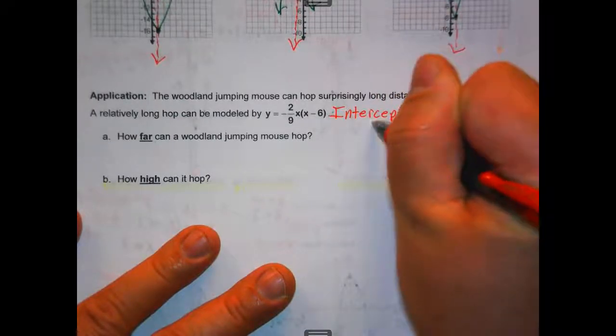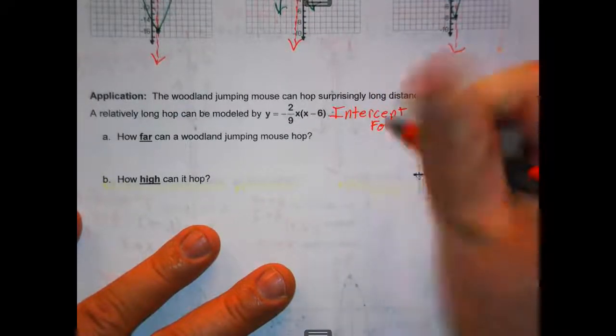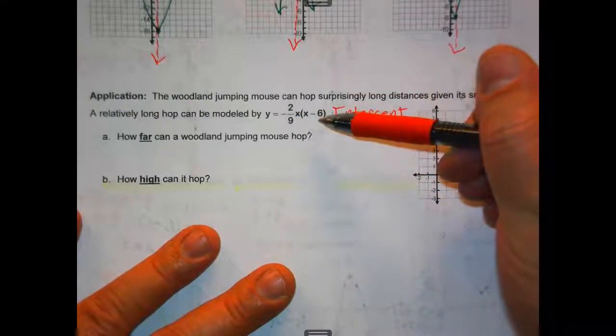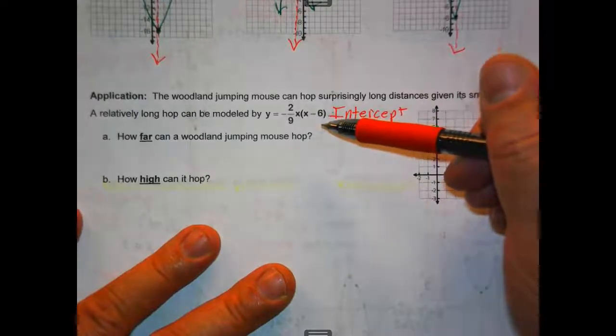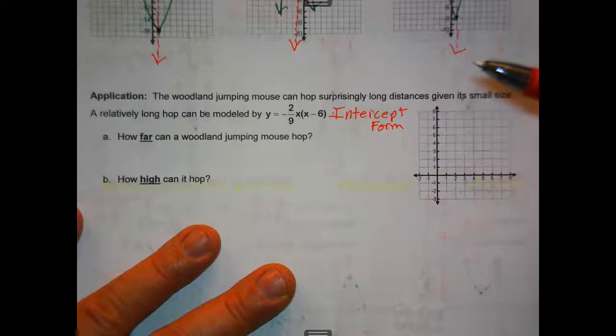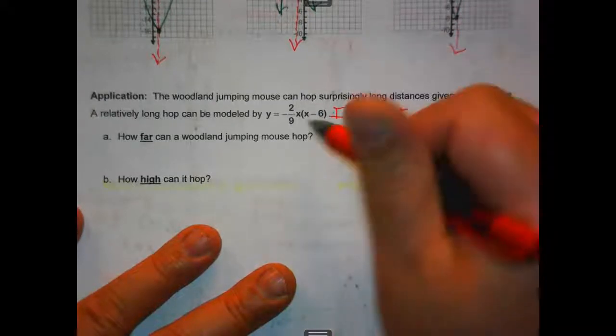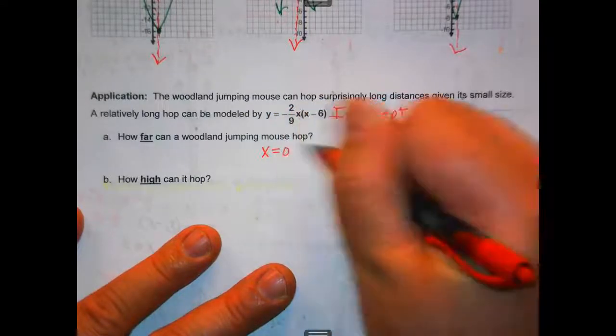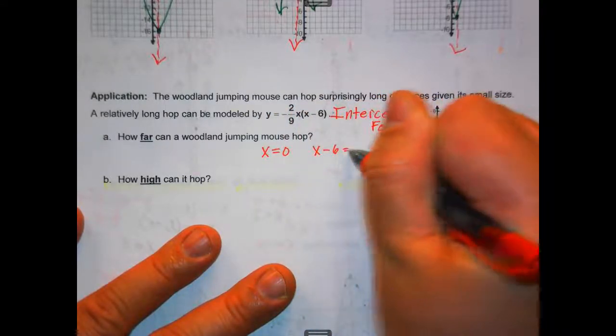That's right, intercept form. Here's one factor being multiplied by another factor. What's one easy way to tell that this is in intercept form? There's no x squared, right? So I set each one of these equal to 0. So x equals 0 and x minus 6 equals 0.